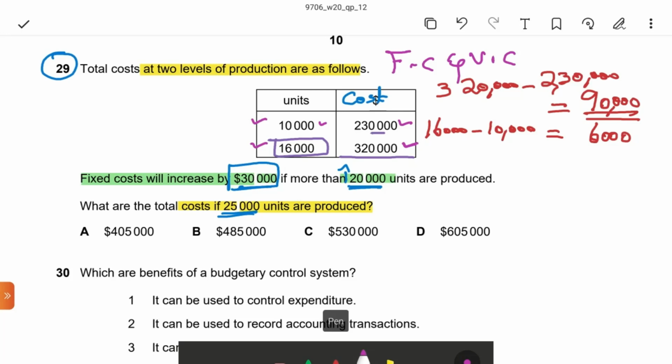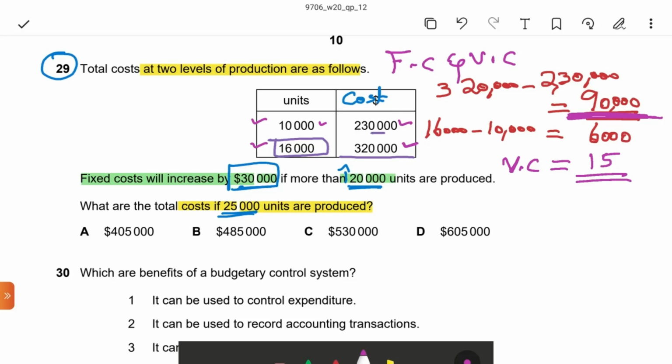So what will be the cost per unit? 90,000 divided by 6,000 is 15. That is the variable cost per unit. Are you clear?